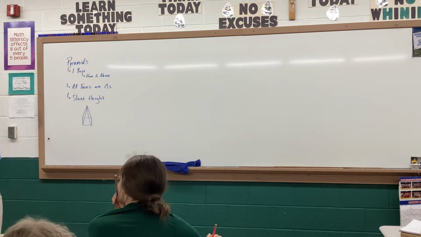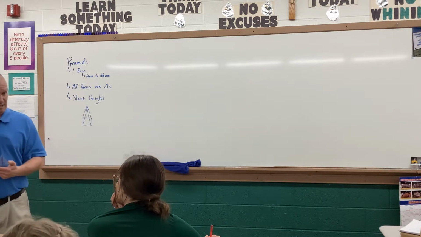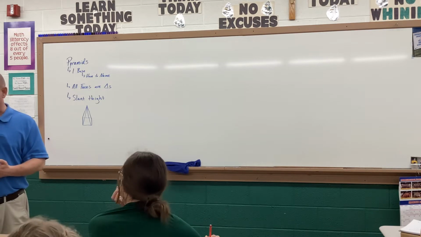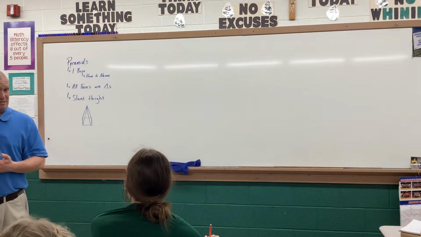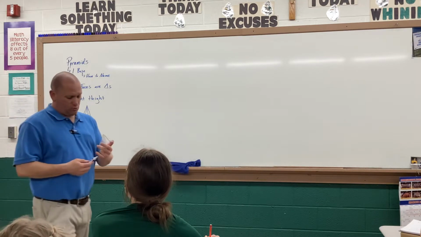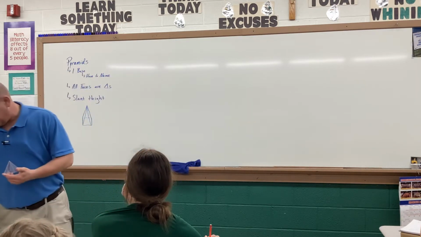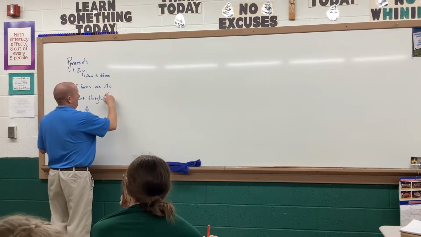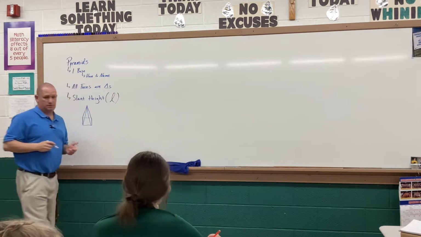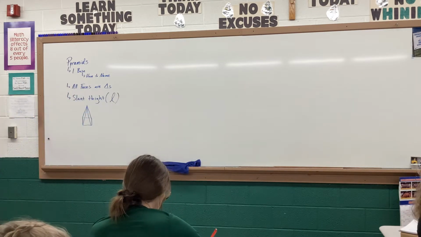Because if we didn't have a 90-degree angle, this wouldn't be a height. And in order to know the area of that triangle, we need a height and a base. Okay, so this is where the slant height comes into play. And the slant height is going to be shown by a cursive L. I don't know why.